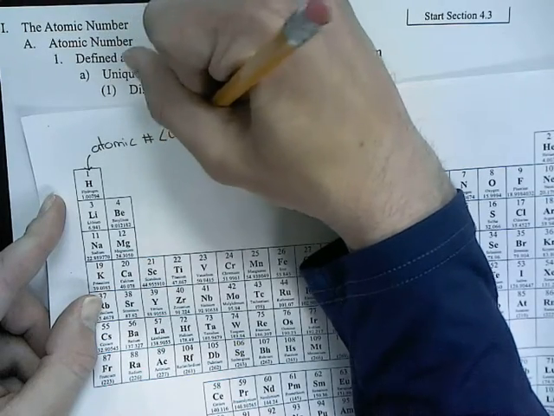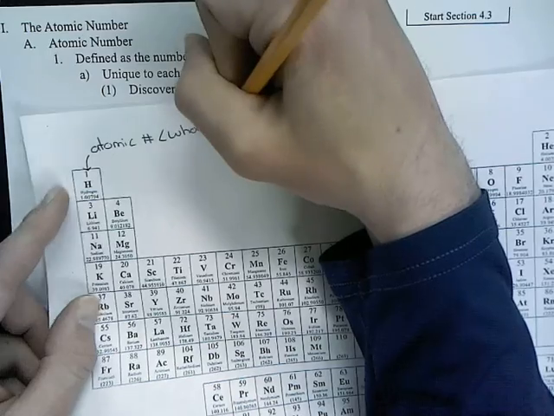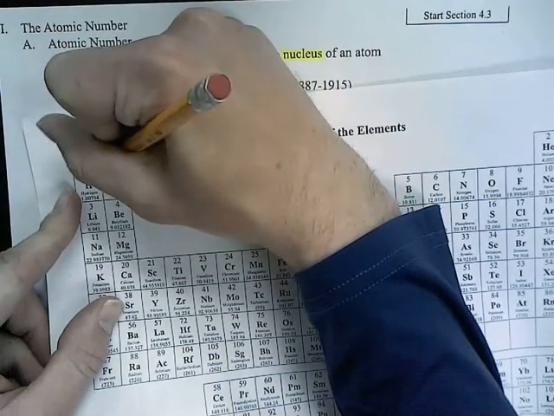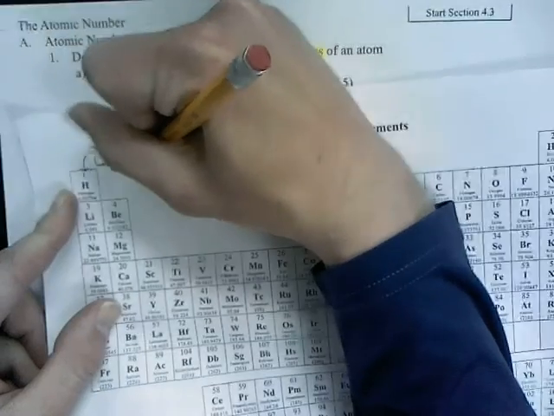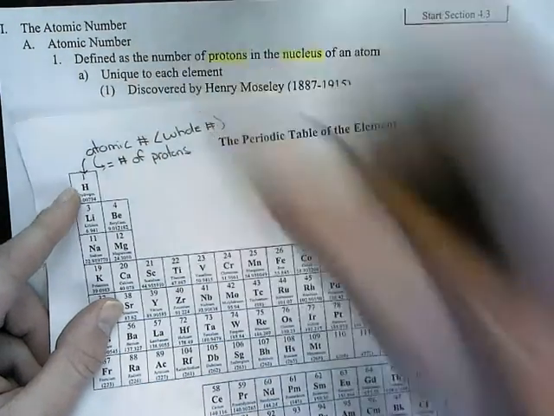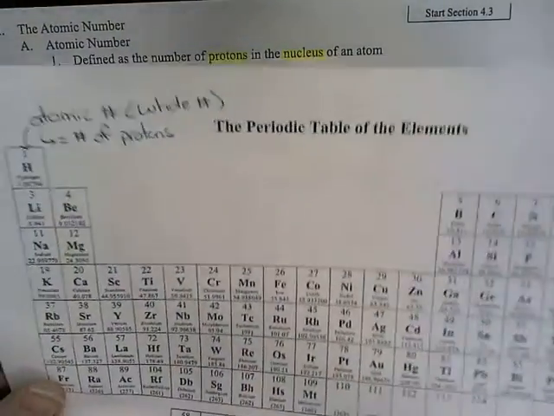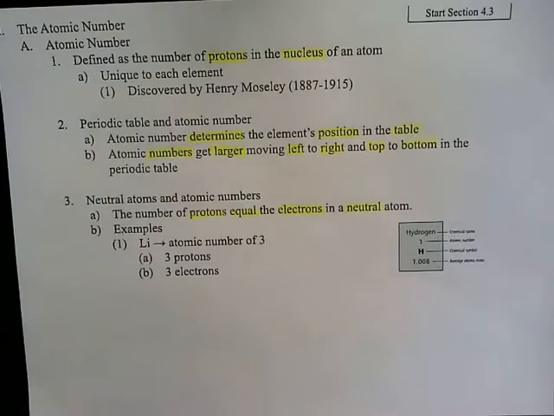Now, I also want to make a note here that the atomic number is equal to the number of protons in that particular atom. If we change the number of protons, we change the element that we're working with.